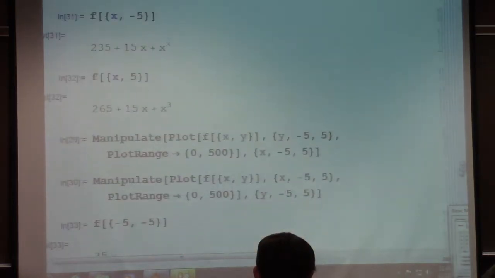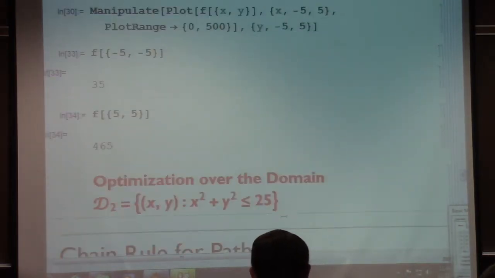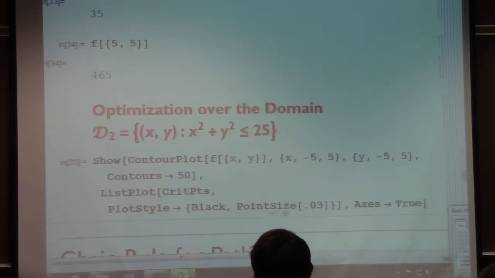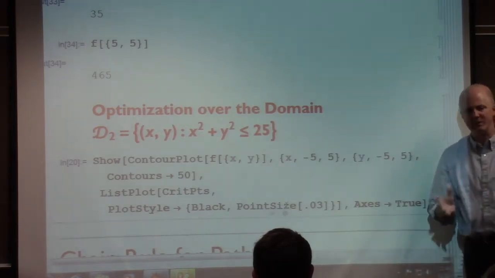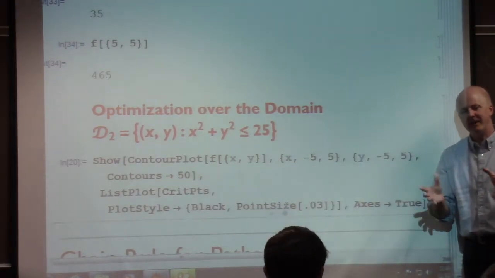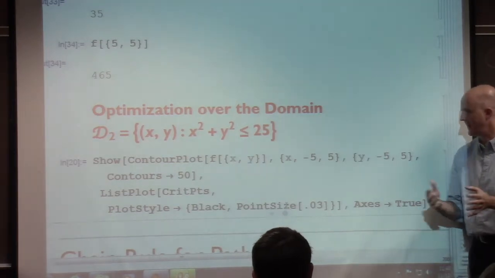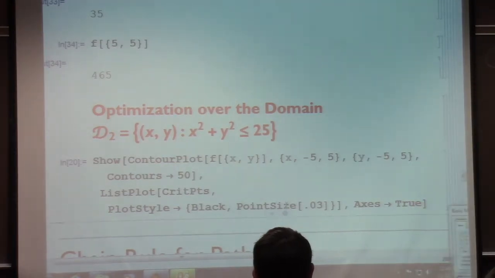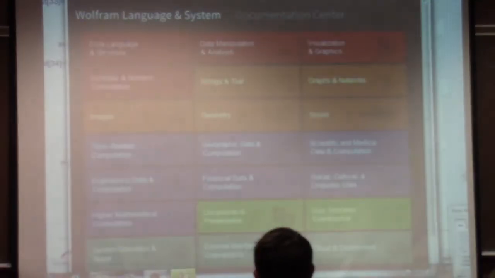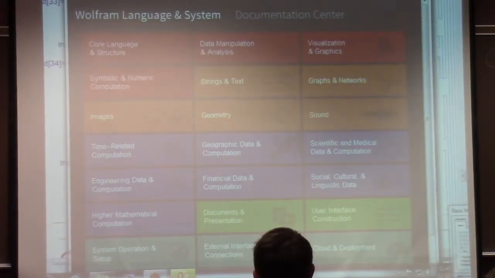To make a graph of the contour map over this domain, what you need to do is use an option in ContourPlot that helps you restrict the domain. I typically tend to forget what this command does or what the syntax is. But I always remember in the documentation center that if I look up Plot3D, I can find the commands that I'm after that are going to restrict the domain for me.